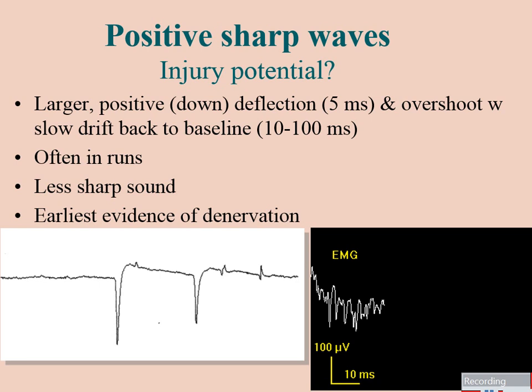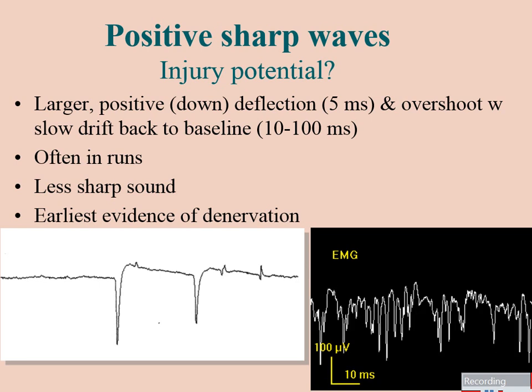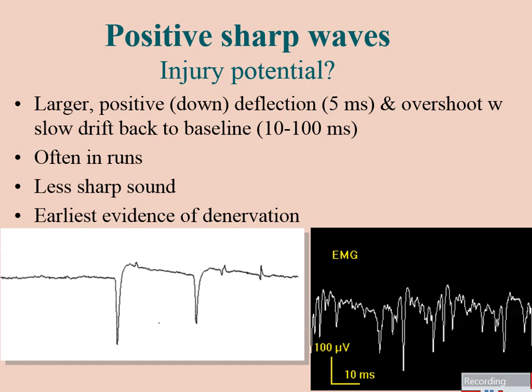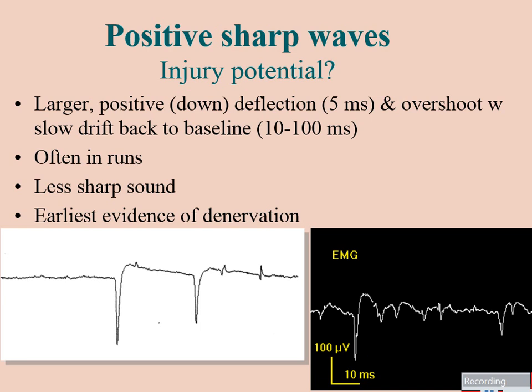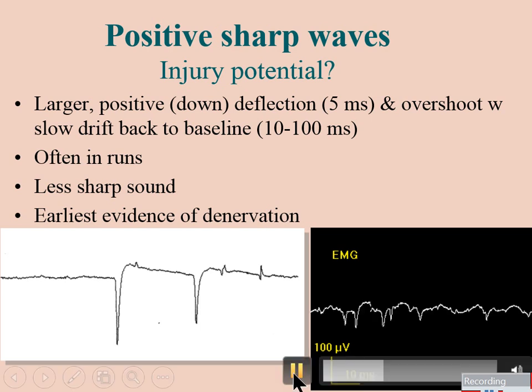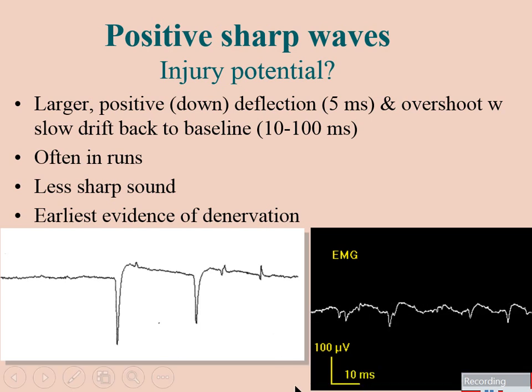Often they'll occur in runs following the insertion. They sound different. They've got more of a popping sound to them rather than that cracking sound. And they're very easy to pick out on the screen because it's just this single downward deflection.